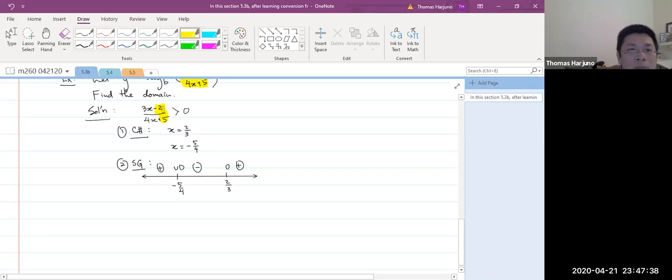You see the y-intercept is -2/5, right? So when x equals 0, the value will be negative. I don't need to explain this to you actually, but I hope you know how I can get it so fast. And then for step 3, I need the positive part. So the domain will be negative infinity up to -5/4 union 2/3 to positive infinity. Is it okay?